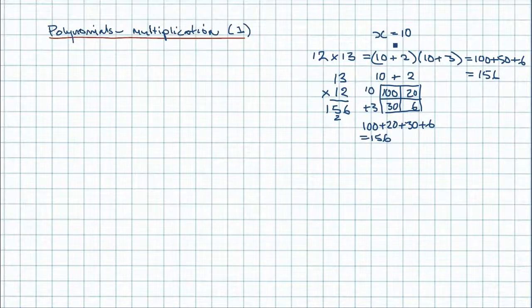We can use it, it's not a fixed term, we can use it to introduce all sorts of variables and come up with formulae. But here we're just calculating out exactly the same as we did here. So instead of 10 we're going to replace with x. So now we have 12 becomes x plus 2, and we'll put that in parentheses like that, and 13 becomes x plus 3.